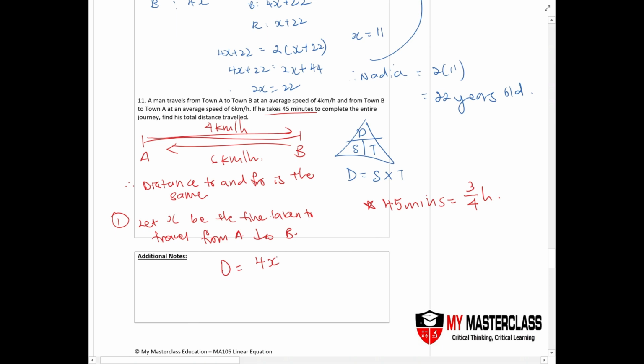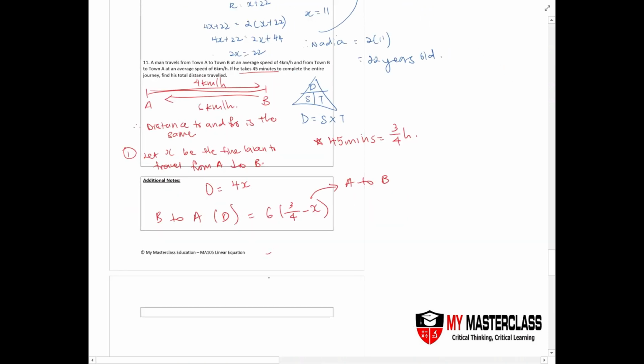When I'm coming back from B to A, my distance is 6 multiplied by 3 over 4 minus x. This is because x is the time taken from A to B, so I take the total and minus away the time taken from A to B. That gives me 9 over 2 minus 6x.